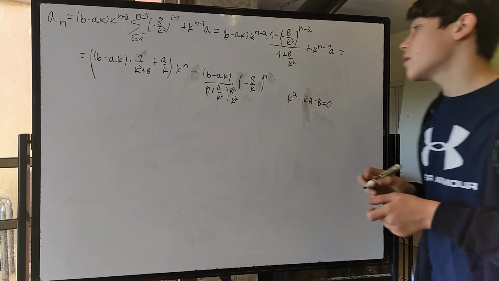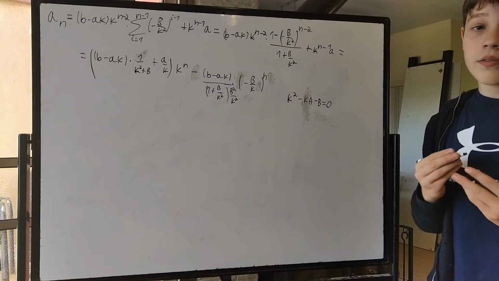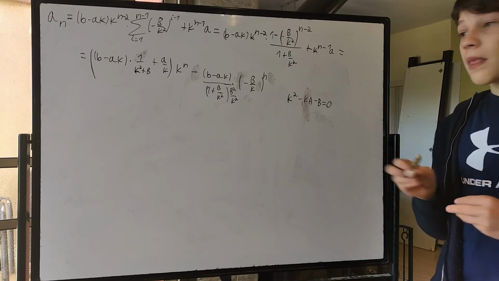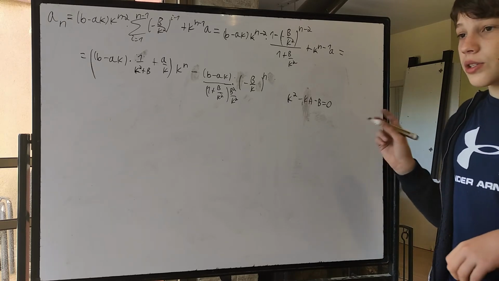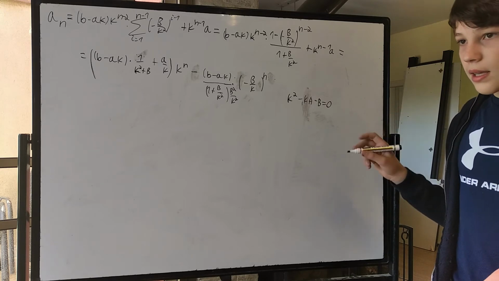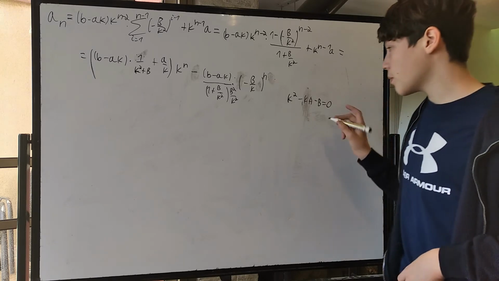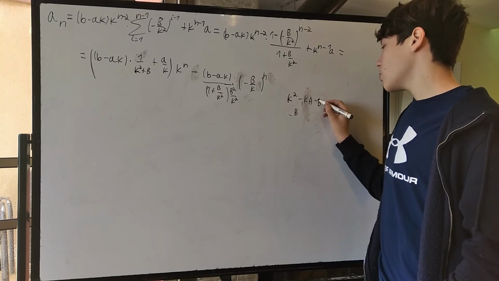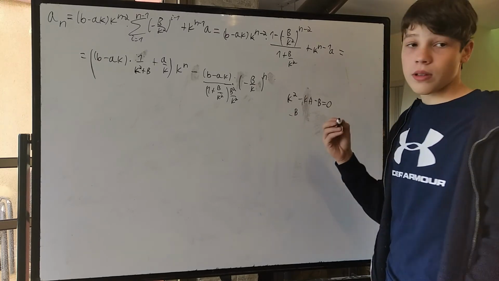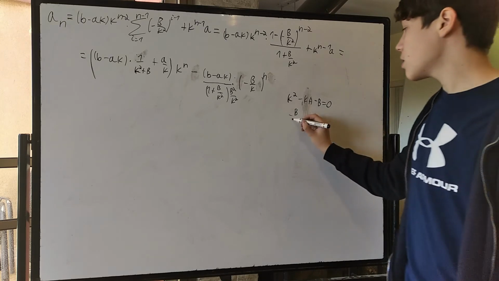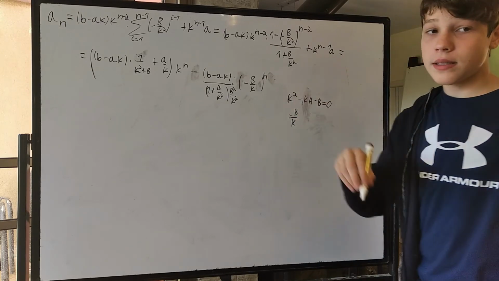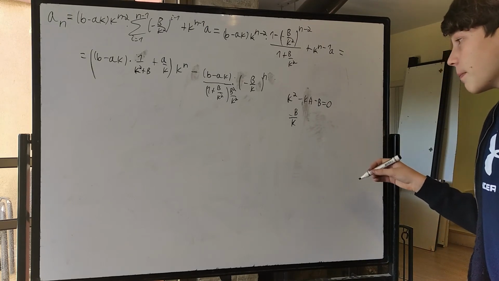But notice from the Vieta formulas for roots of polynomials, the second solution to this equation is negative b over k, the free coefficient over k, because k times that number will be negative b.